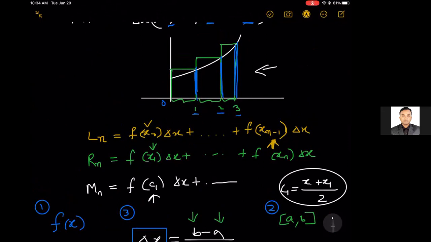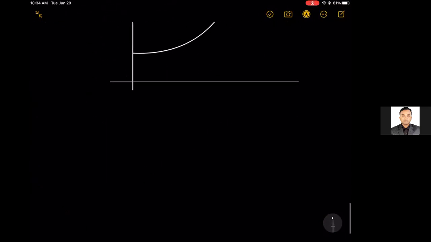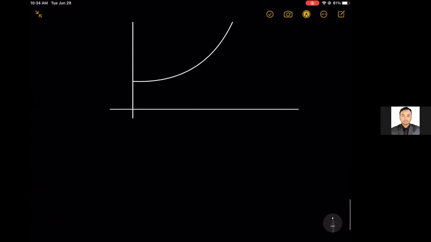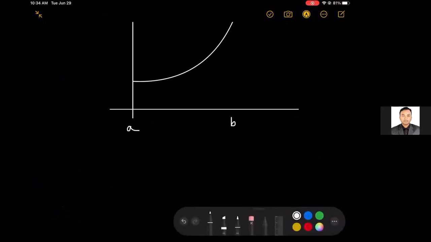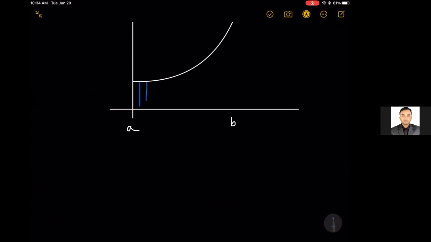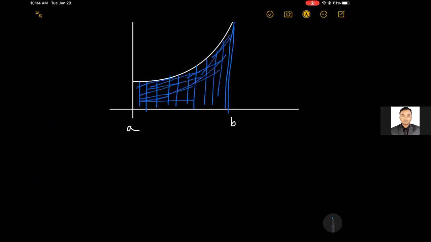And it was not really that good because you could see we encounter overestimations and underestimations. But if we can integrate it, let's say it's my A, it's my B, it will actually give us the exact area under this curve.